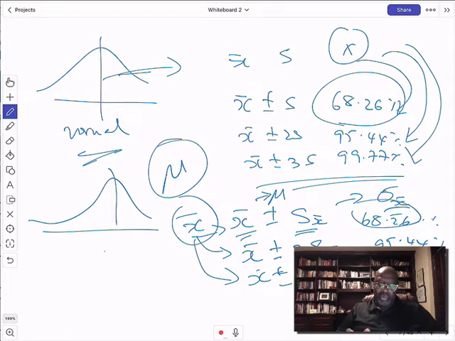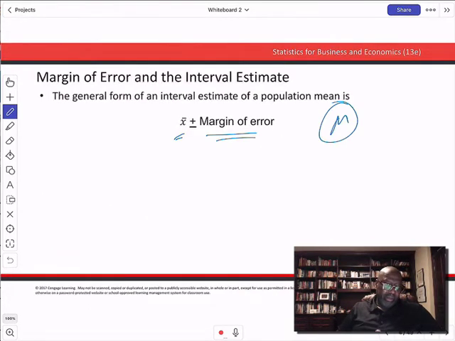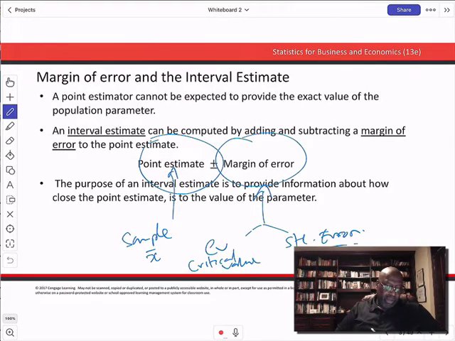It's 68.26%. If we use 2, it is 95.44%. And if we use 3, it is 99.77%. So these values, the 1, the 2, and the 3, are the critical values that I talked about. The critical value in the estimate right here. And then of course we need the standard error.